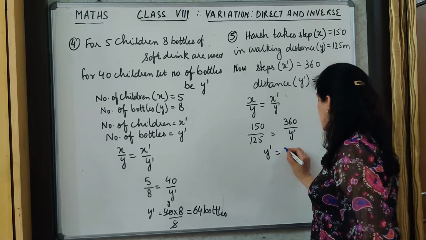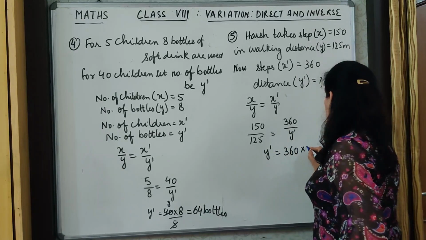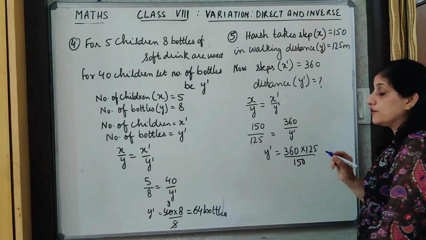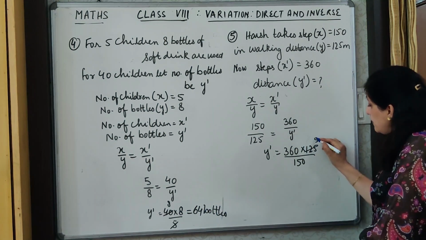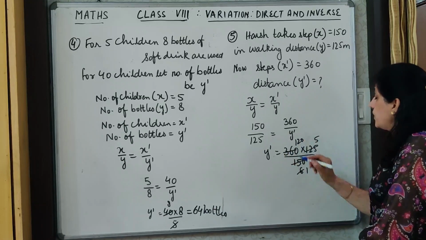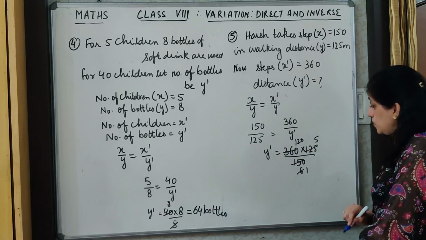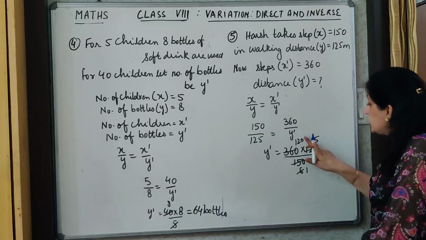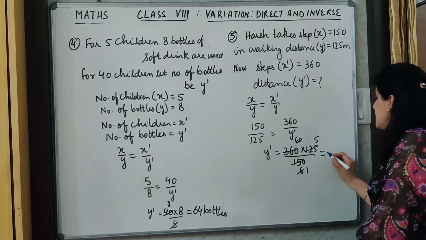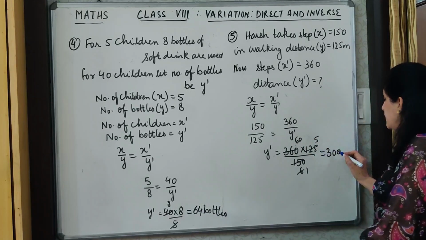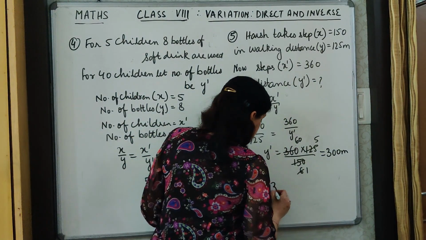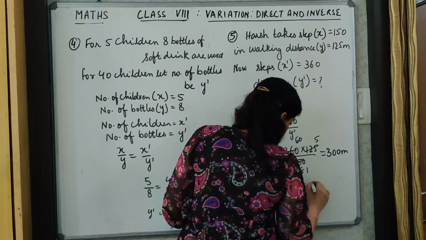So my y dash will be 360 into 125 upon 150, which will give me, by the table of 25, I will get 5 here and 6 here. 6 ones are 60. I am doing it directly by the table of 6. I will get 60 is equal to 300 meter. The distance is asked. So by using the formula, we easily get the answer 300 meter.